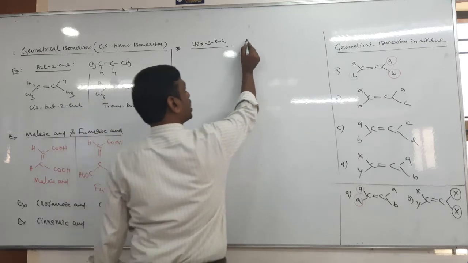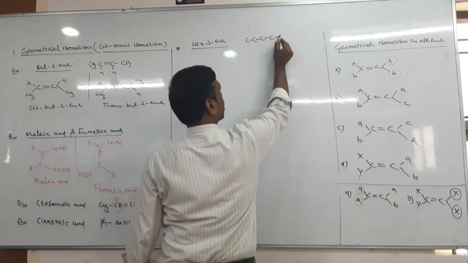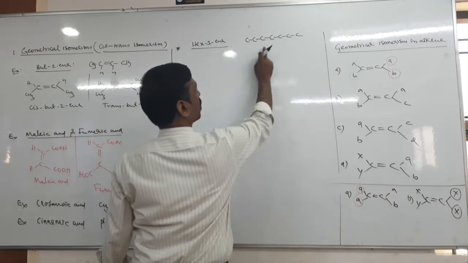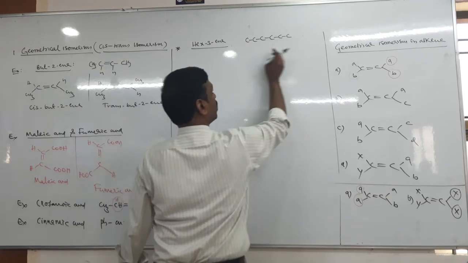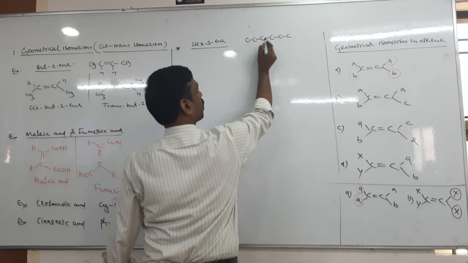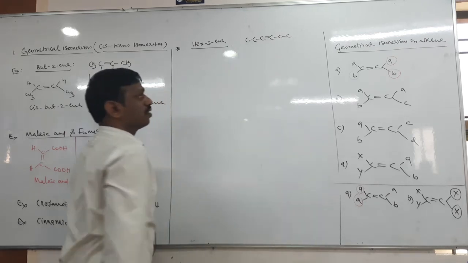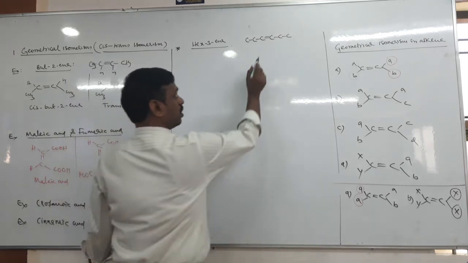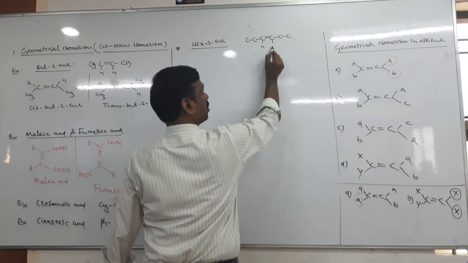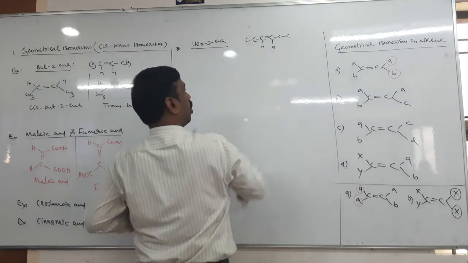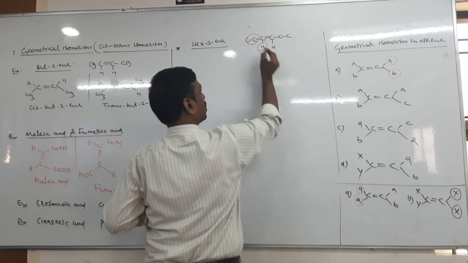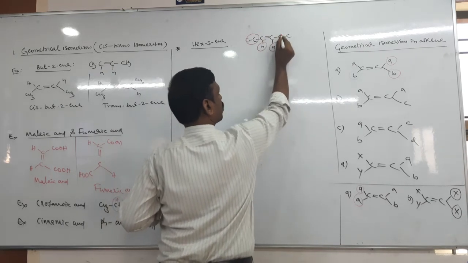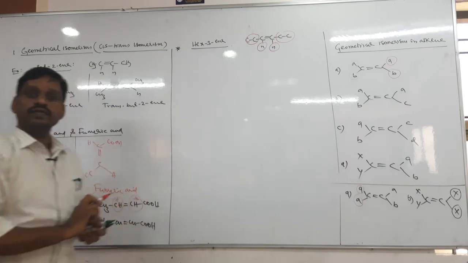Hex, how many carbons? 6 carbons. Hex-3-ene, right? 1, 2, 3. On the third carbon, double bond. Then here hydrogen will be there, here hydrogen. Tell me, on this carbon there is ethyl, and on this one, ethyl and hydrogen. Can it exhibit or not? Yes.